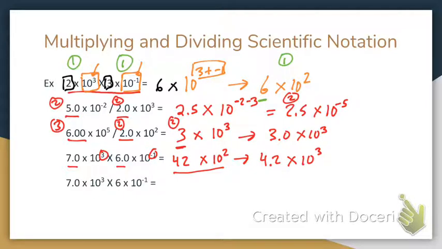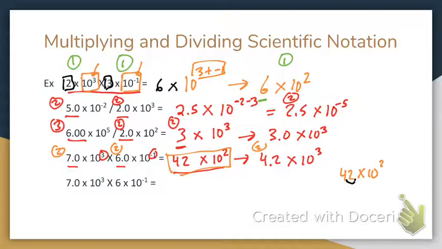What I want you to notice, so we'll check our sig figs, is there were 2 here, 2 here, 2 here. So we're good with significant figures. Let me just go over this really quickly. So 42 times 10 to the second, right? So what I want to do with 42 is move that decimal one place, right, to here.